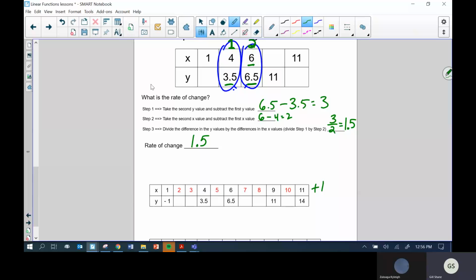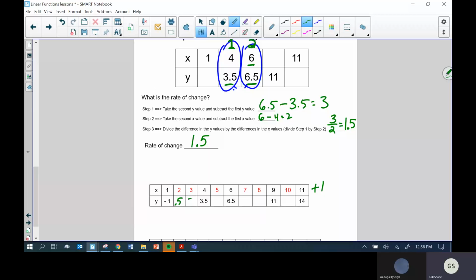Let's go up by 2. Well, -1 plus 2 is +1. +1 plus 2 is 3. +3 plus 2 would be 5. Well, that doesn't work. That's going up too fast. And then you can try 1.5, and 1.5 will work. So if I go up by 1.5, that would be 0.5.